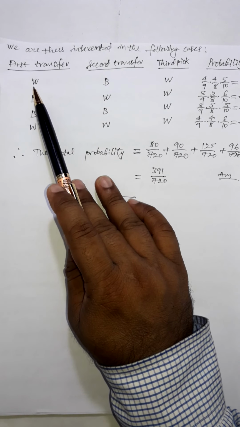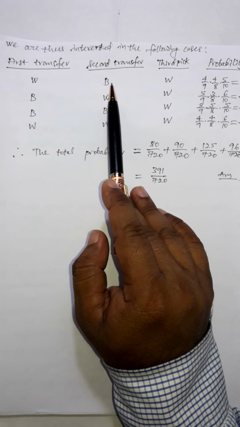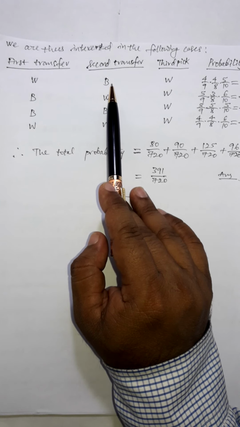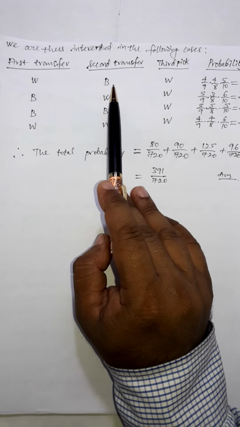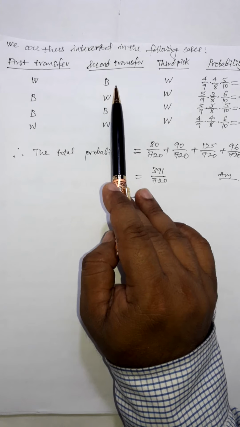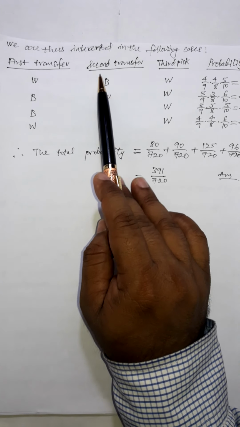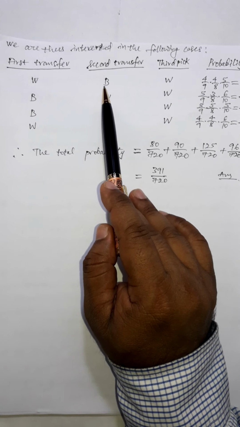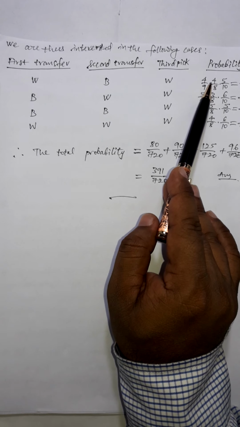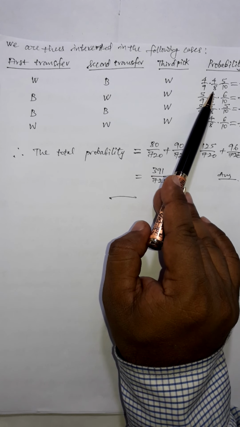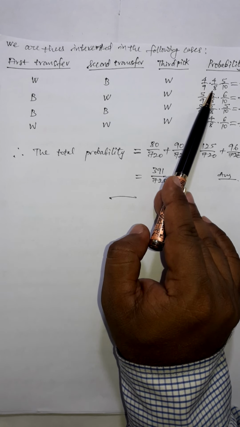Now after drawing a white ball from the first bag and putting in the second bag, the number of balls in the second bag will increase by one more and it will become 8, but the black ball number will remain same. It will remain 4 as it was before. So choosing of a black ball from the second bag will be number of black balls by total number of balls now, which will be 4 by 8.